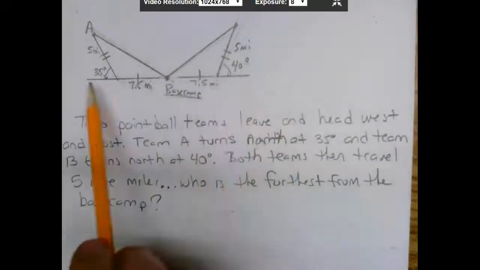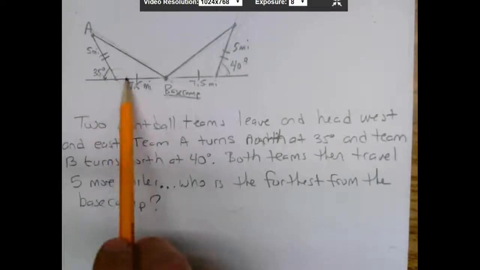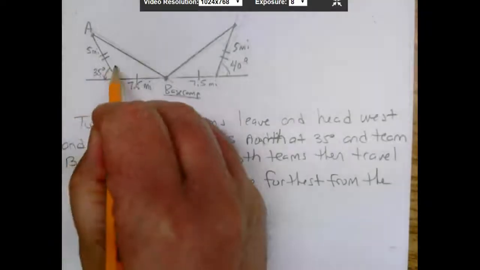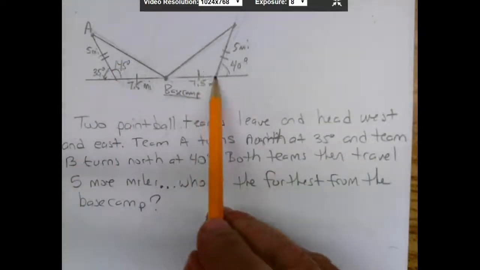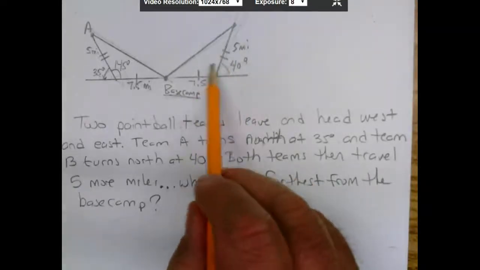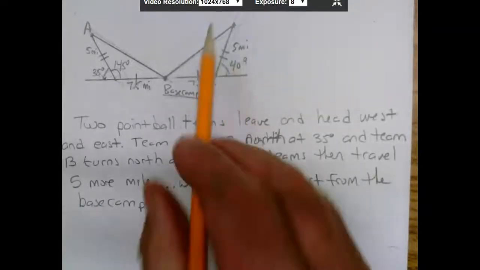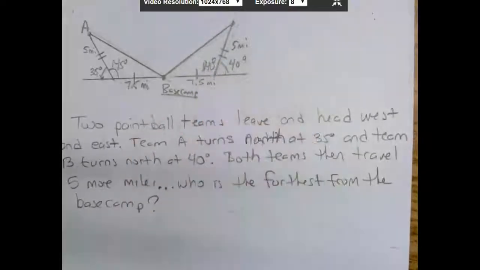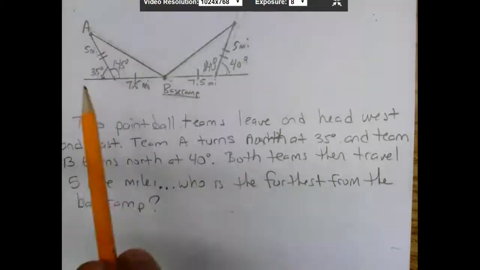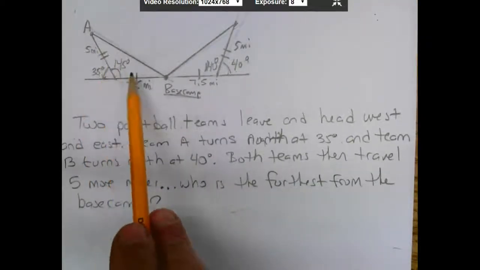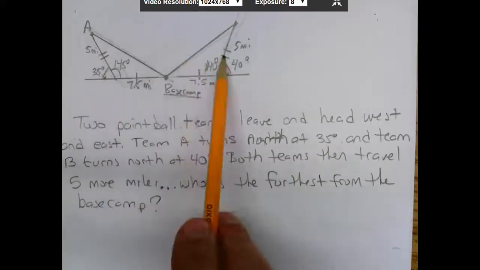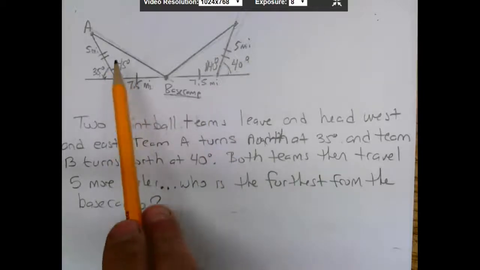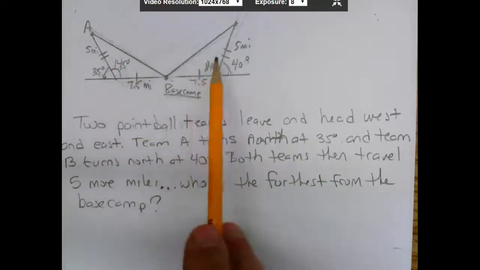So we need to figure out the angles here. This one's 35, this one's 40. The entire angle is 180, so this should be 145 degrees. And for this one, the total is 180, so we take 180 minus 40, and we should see 140 degrees. So by the hinge theorem, we have these sides congruent on opposite triangles, these sides congruent on opposite triangles, and the included angle on the left is greater than the one on the right.